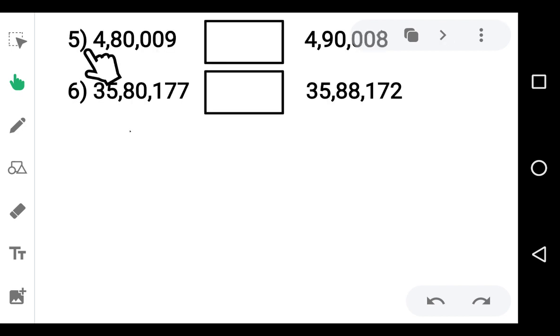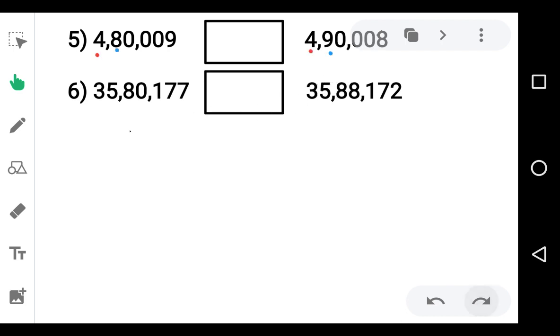Now see the next one. See here, this is 4,80,009 and this is 4,90,008. So these both are 6-digit numbers. So here we compare the places. See here, at the 10 lakh place, here is 4. Here is also 4. And in the 10,000 place, here is 8 and here is 9.